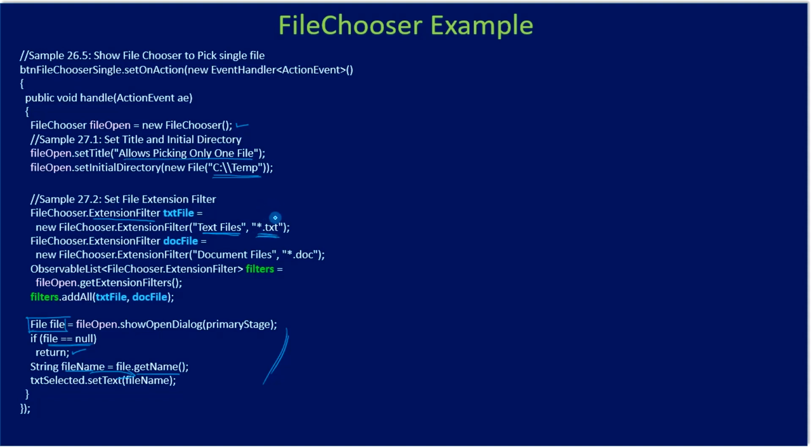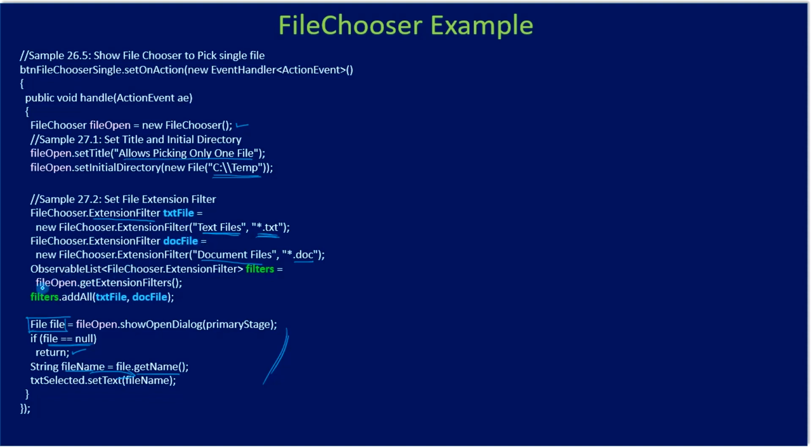So once a user picks text file from the combo box in the file open dialog, it will display only the text files. Similarly, we want to show the extension for document files as well. So we create the second extension. This one is the first extension, text file. Doc file is the second extension.